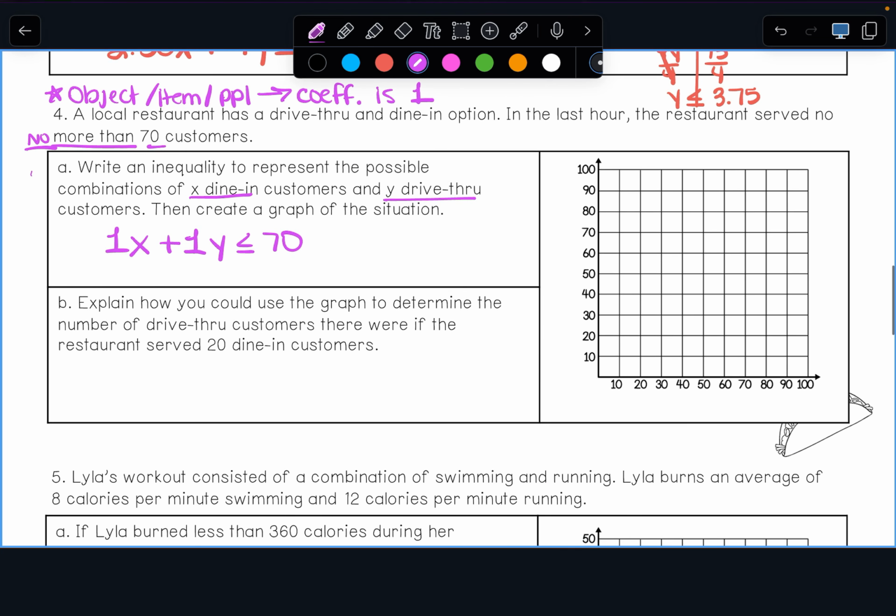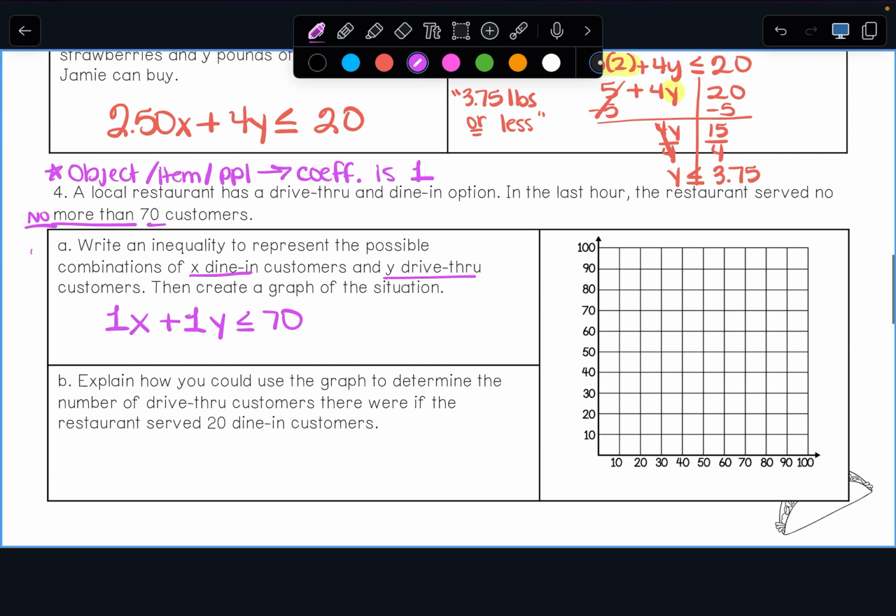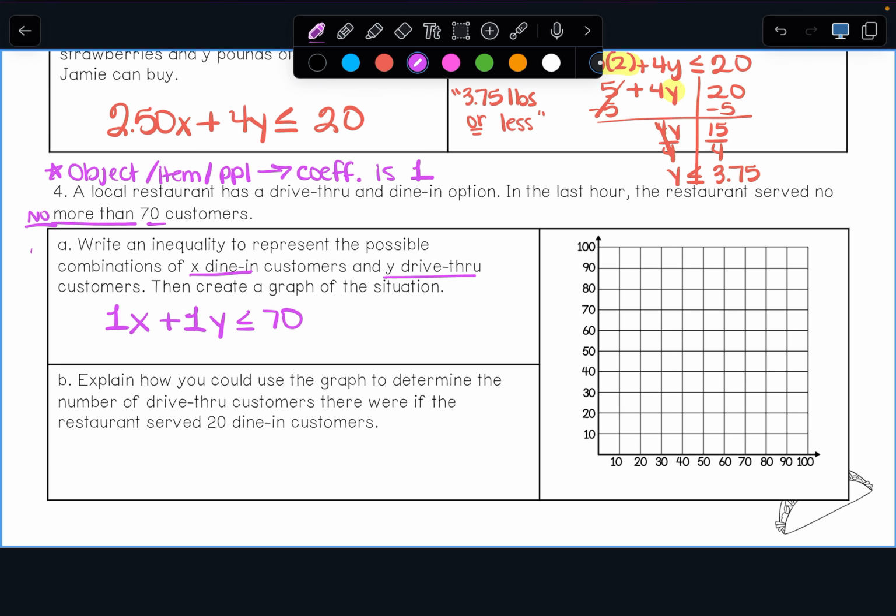Next, explain. And then create the graph. Can I create a graph from something that's written in standard form? What do you need in order to create a graph? What 2 numbers? The points. Ordered pairs?